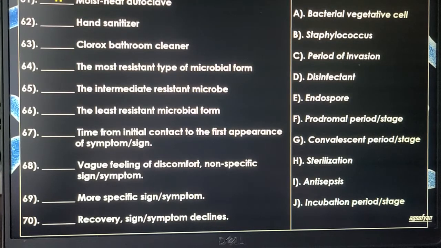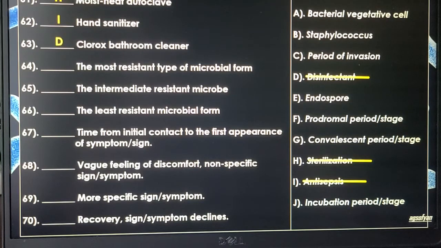So the answer is H. We cross that answer. Number 62, hand sanitizers. Choose your answer. Yes, it is antiseptic, antisepsis, which is I. So cross that answer. Clorox bathroom cleaner, number 63. Yes, it is a disinfectant. So the answer is D. We cross the answer.